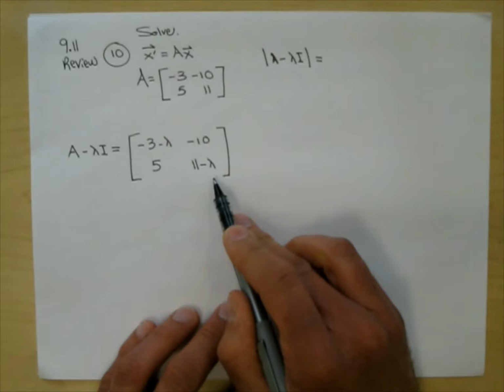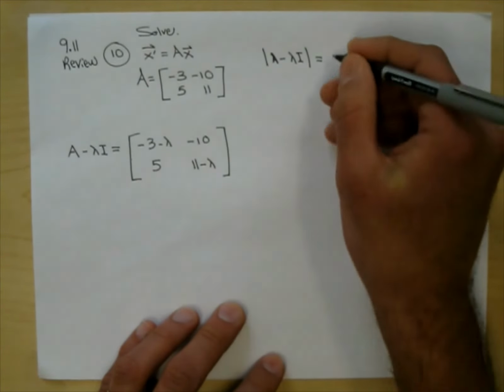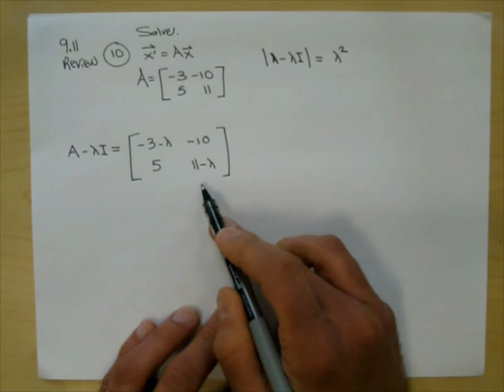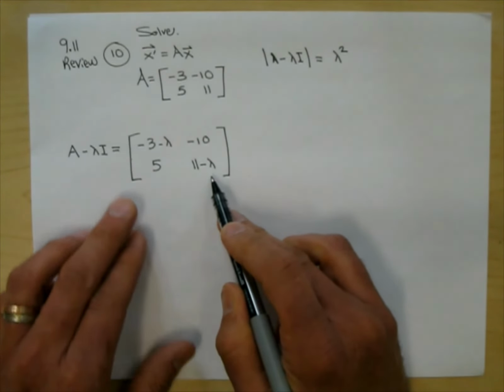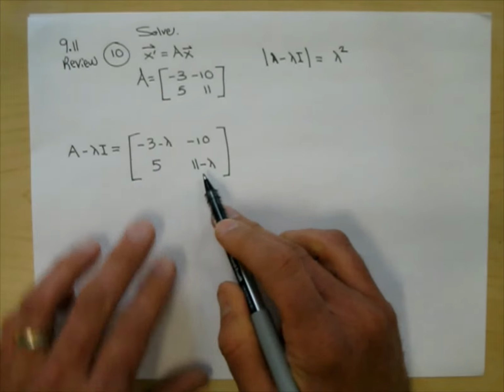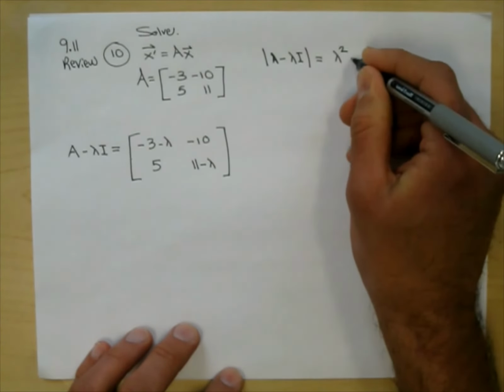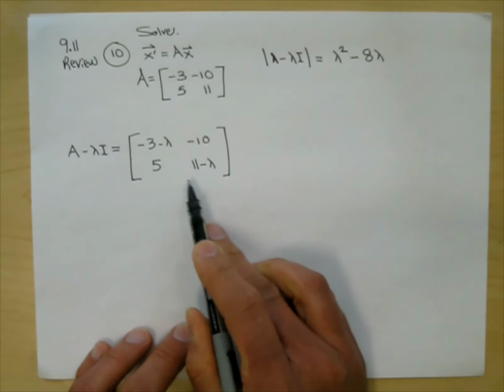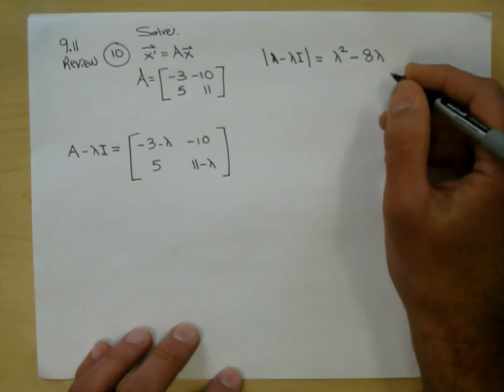We FOIL, so I have lambda squared. This is the AD. I'm taking the determinant. And then what do I have? I have 3 lambda minus 11 lambda, so this is going to be minus 8 lambda. And then a minus 33.